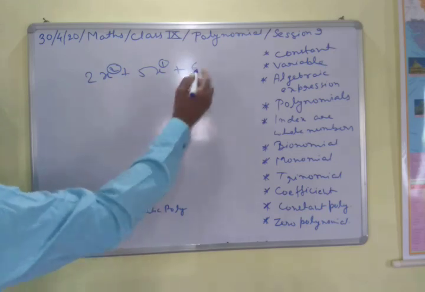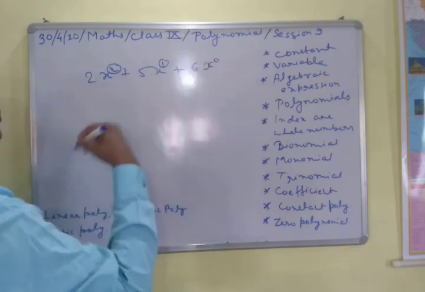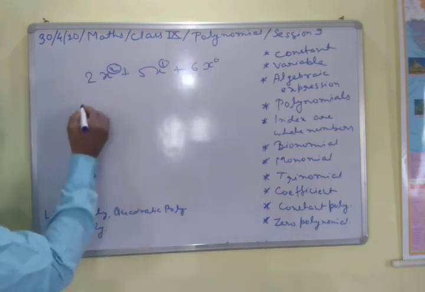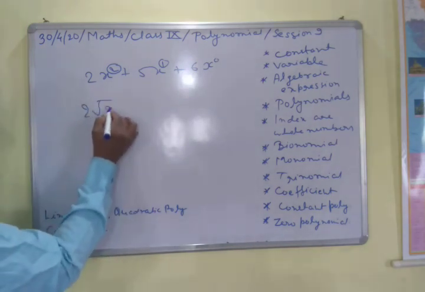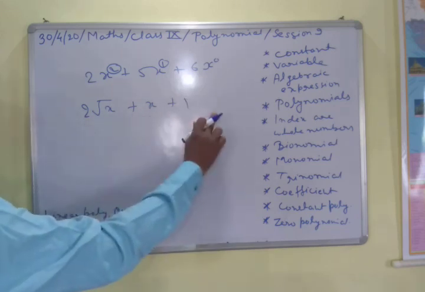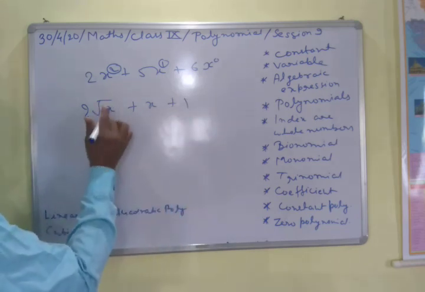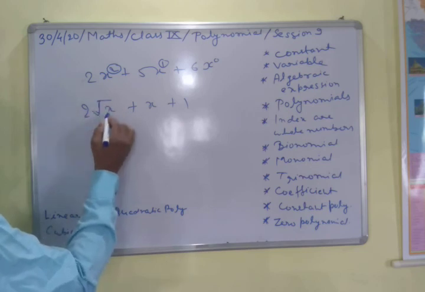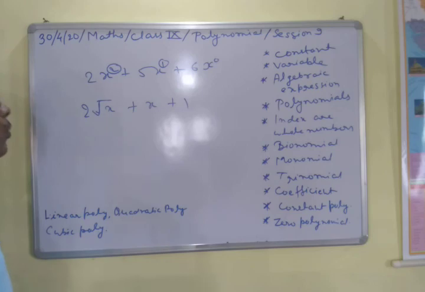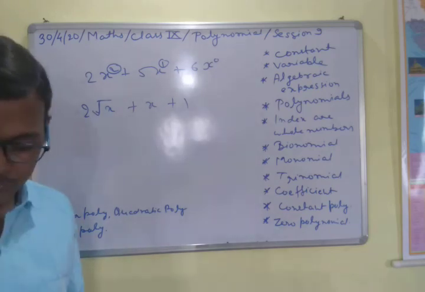So in this case, and here in this case it is 0. So this is a polynomial. But if you write like 2 root x plus 1 suppose, then this will not be a polynomial, because here the power of x is actually root means 1 by 2. So in this case the index of x is 1 by 2. So this will not be a polynomial. So this is how you will differentiate.